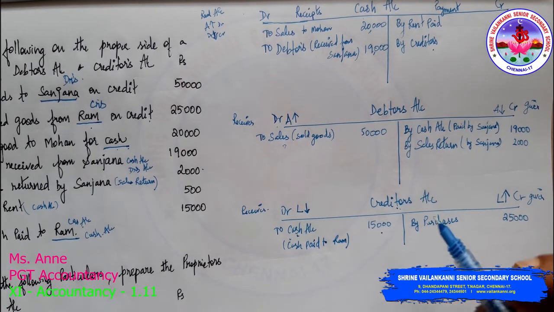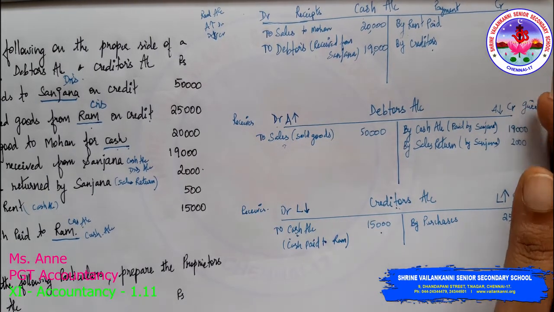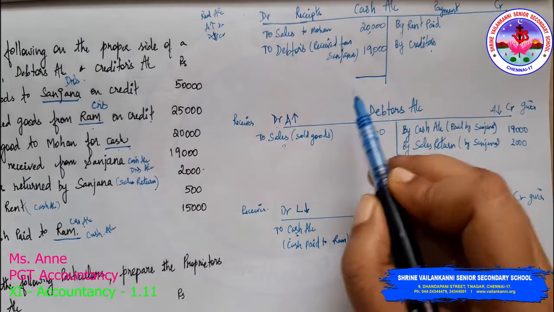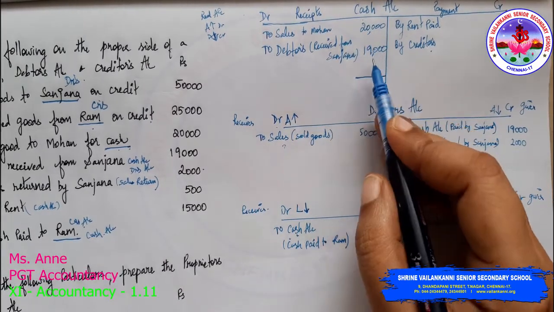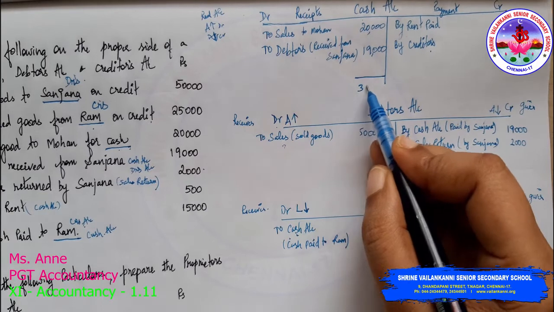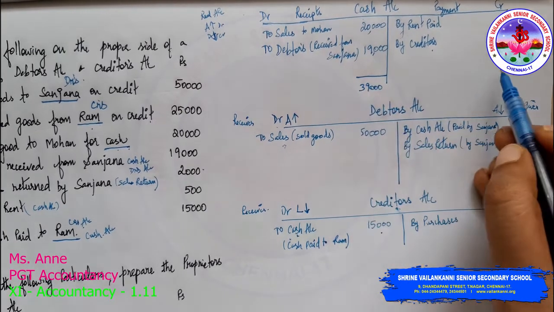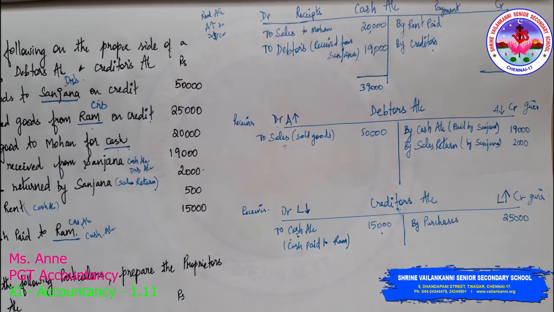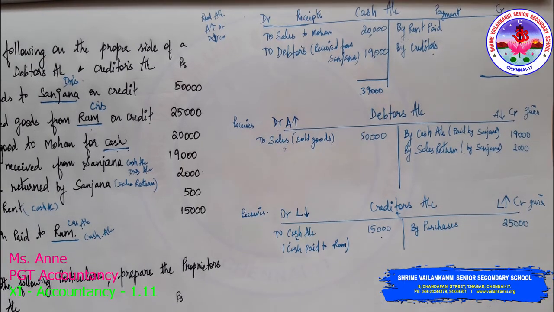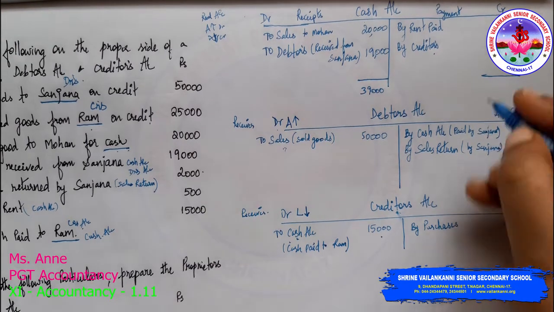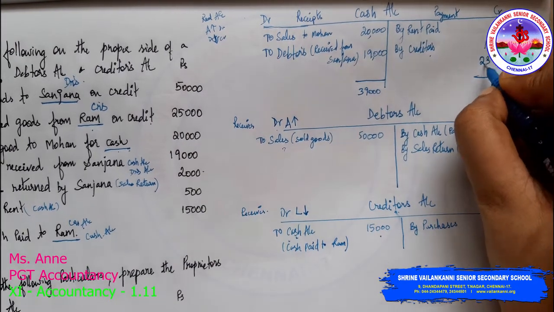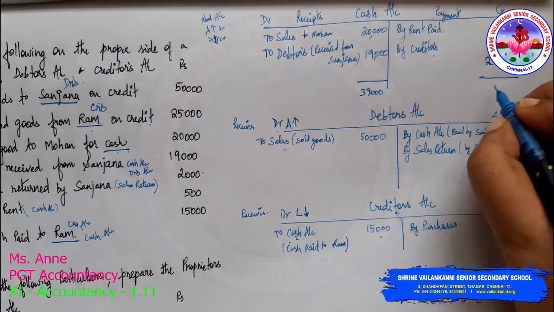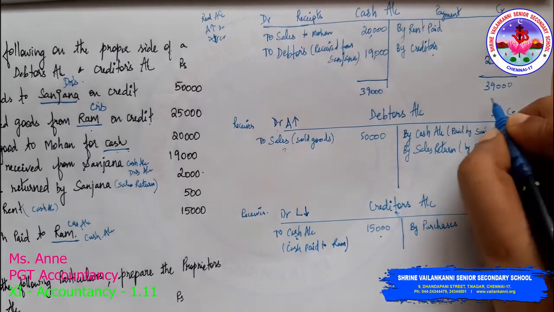So we will just balance the account now. We have the debit side of cash account to be more. Here it is 39,000, and here you have 15,500. So 39,000 minus 15,500, you have 23,500 to make this 39,000.